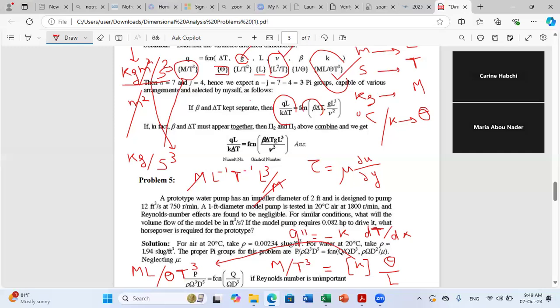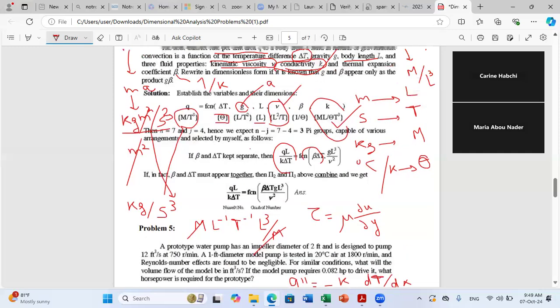Before, we were starting with j equal to 3 because we were working in LTM. But now, since we have an additional dimension, you start by trying to get 4 independent variables, because you have 4 dimensions: L, T, M, theta.